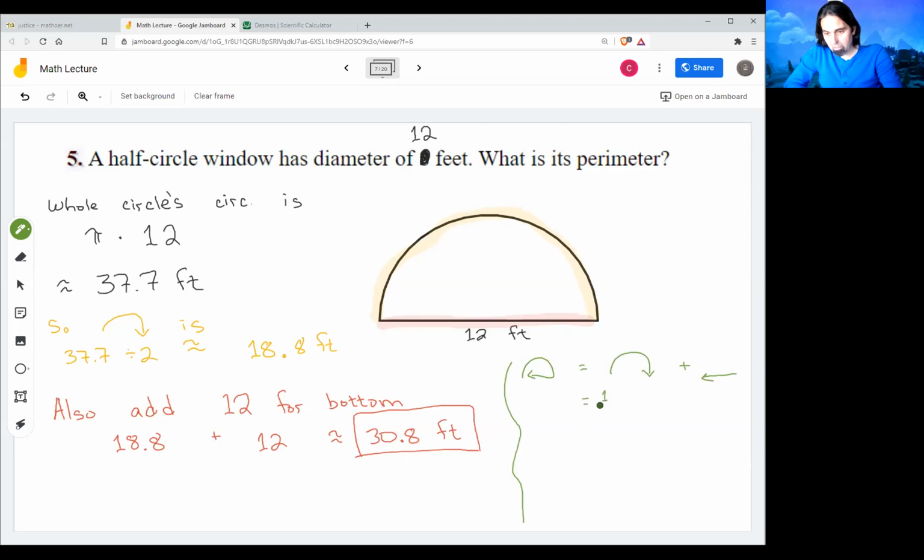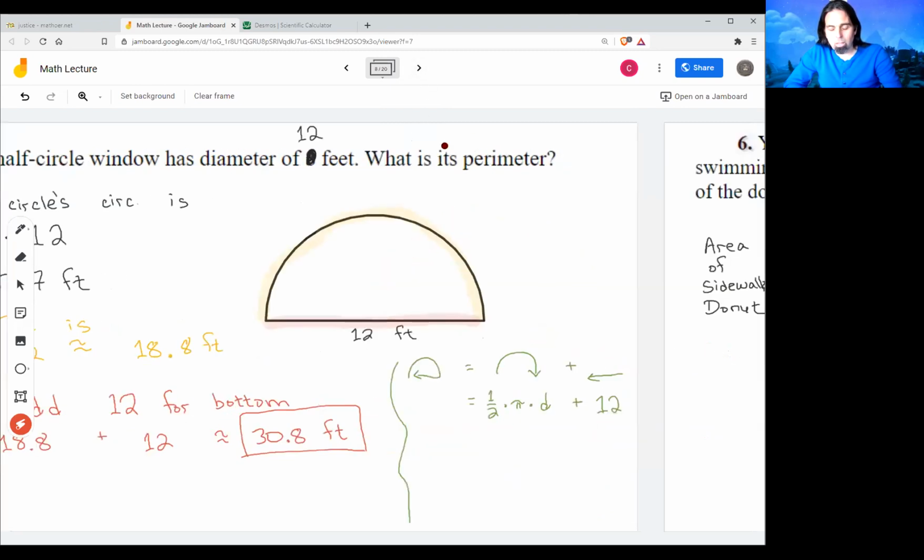And then this was half of pi times diameter. And that was 12 and kept going like that. Does that make sense? It's often easier to make a picture-y kind of plan before you work with the actual math.